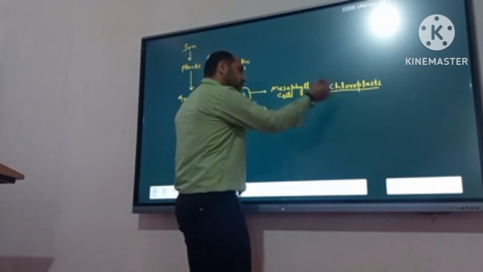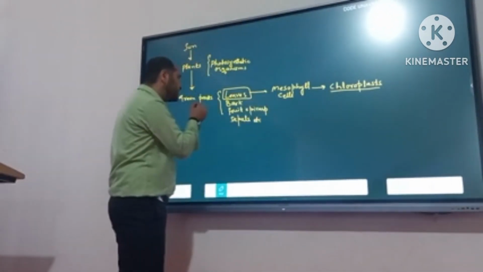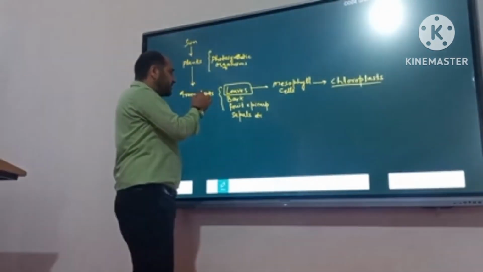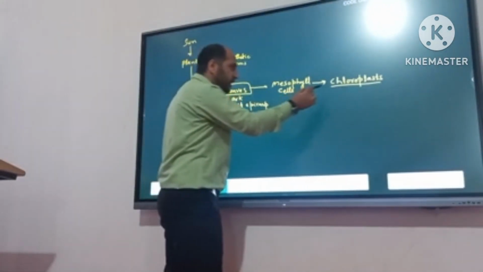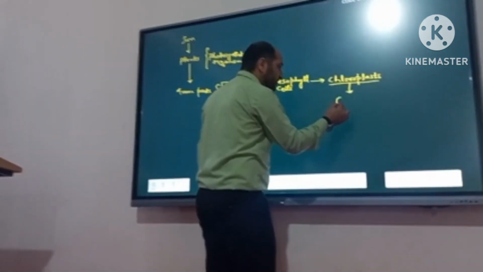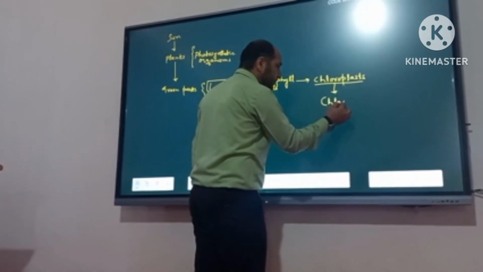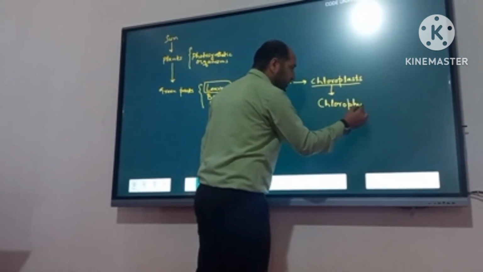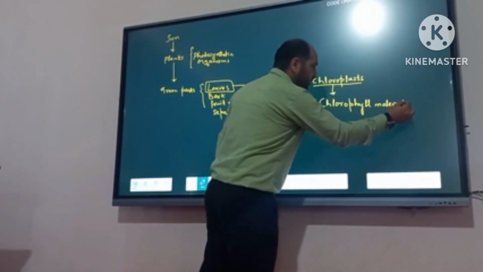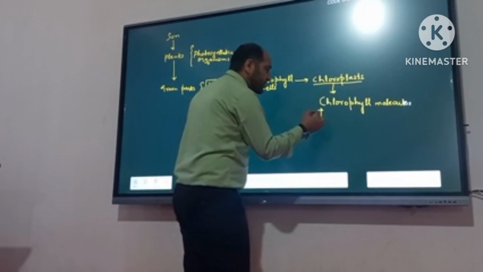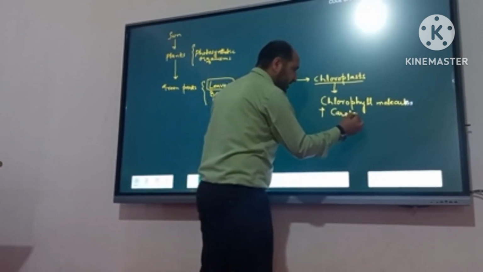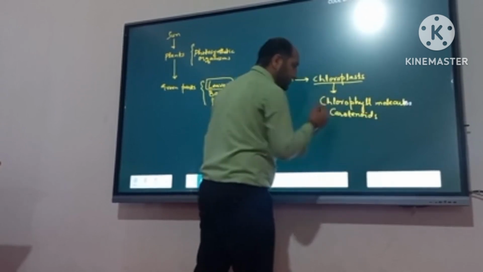Why only these chloroplasts, these mesophyll cells, or only these green parts? Because the chloroplast has a special type of pigments which we call chlorophyll molecules, and with it some accessory pigments like carotenoids in higher plants.